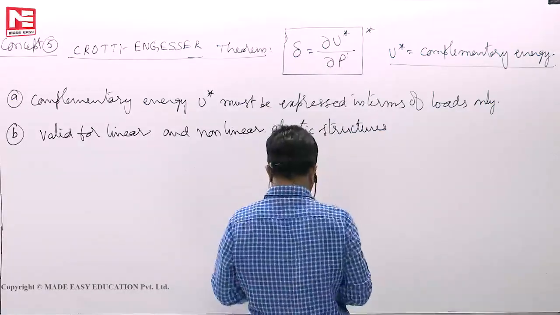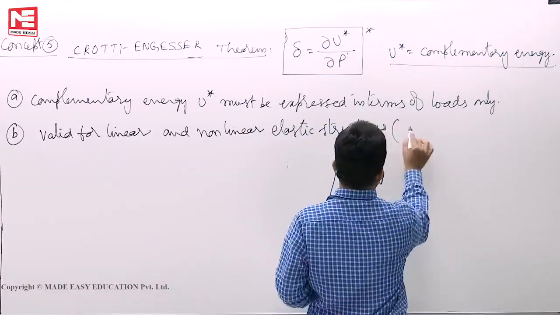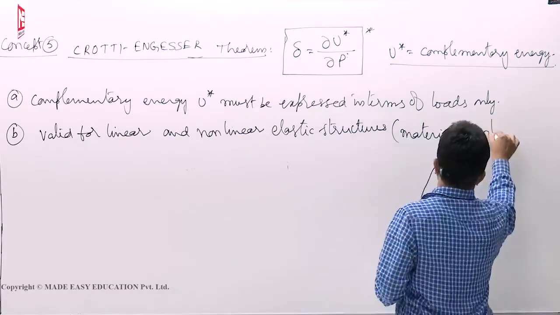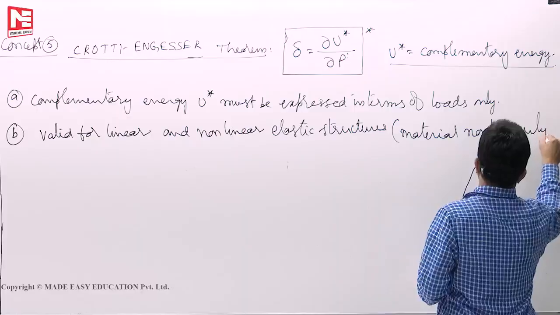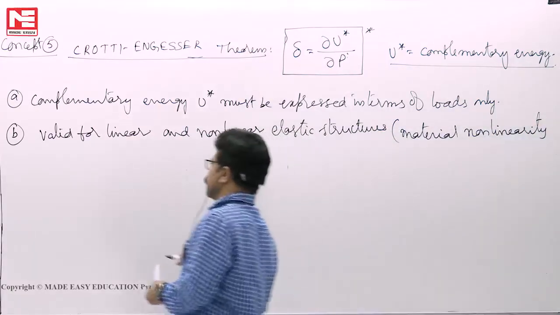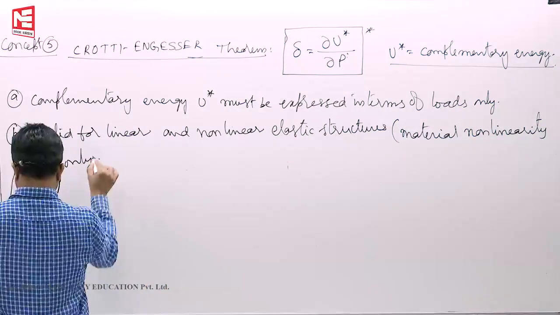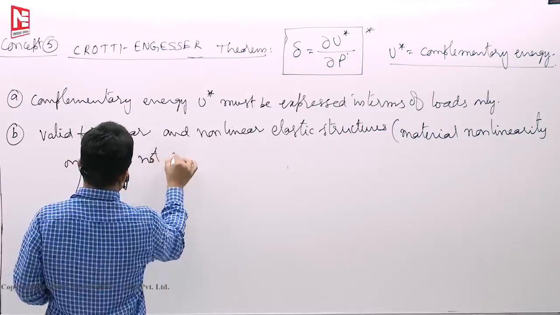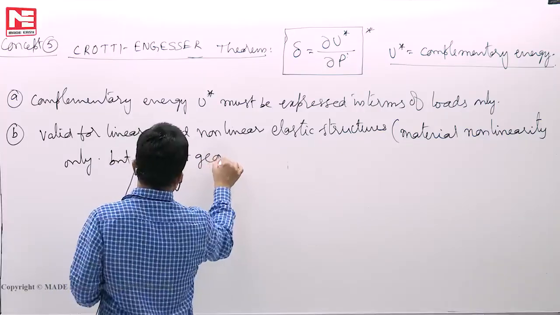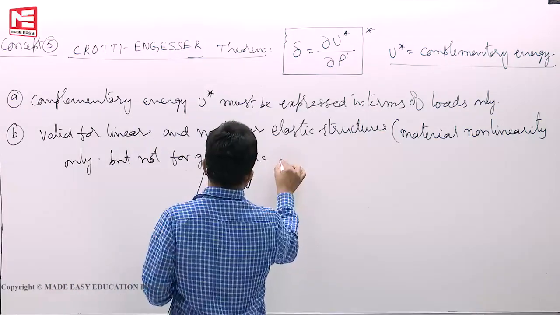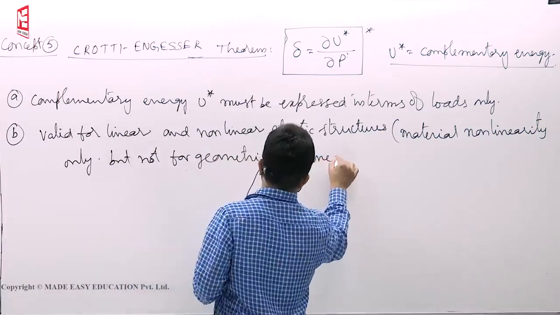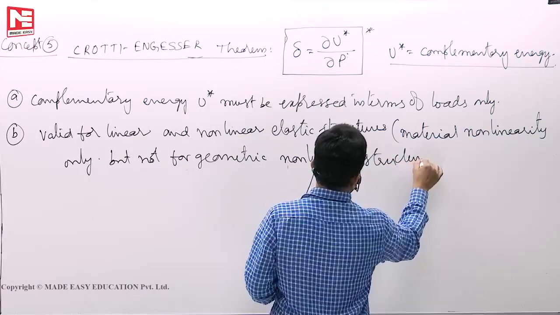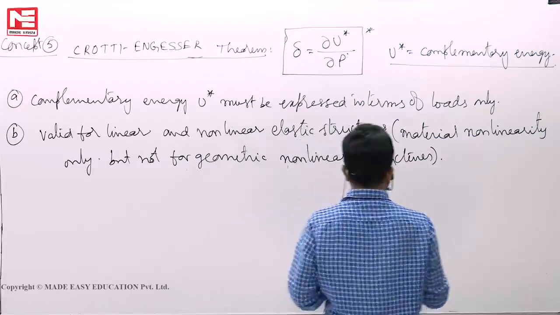Valid for linear and nonlinear elastic structures. That means material nonlinearity only, but not for geometric nonlinear structures. Why?